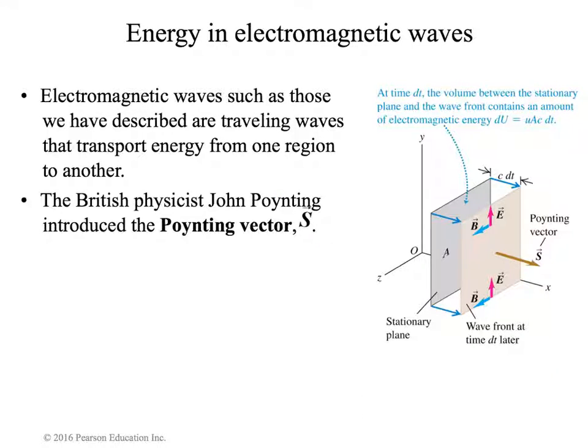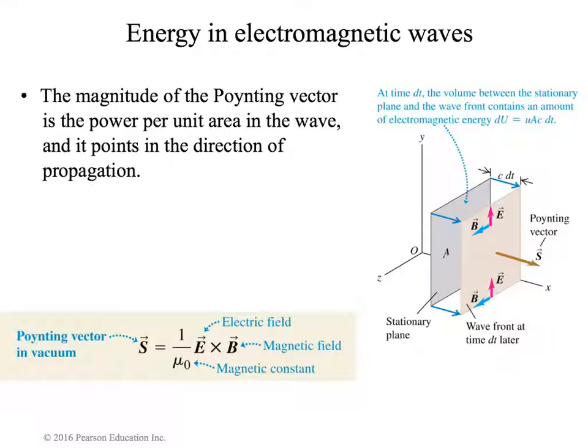And so what we use is this vector called the pointing vector is used to talk about that transfer of energy. And the pointing vector has the units of power per unit area. So we're going to look at that because I think it's actually really helpful to think of the units when we're thinking of the pointing vector and trying to understand what it does or what it is.